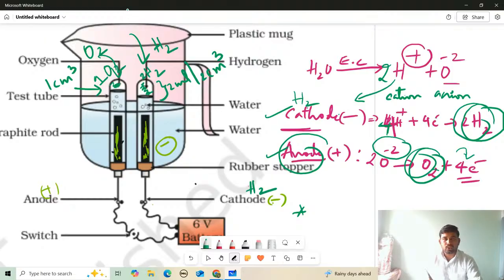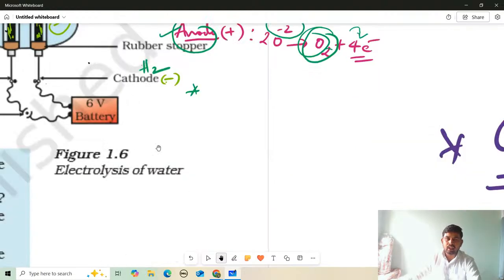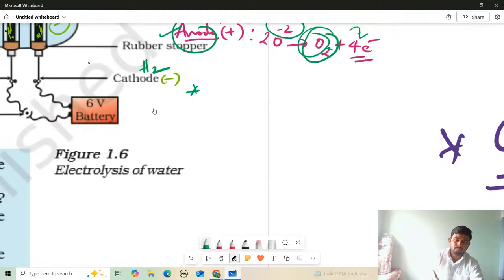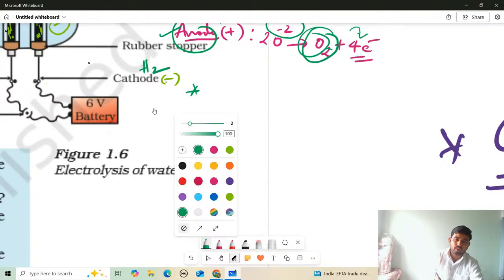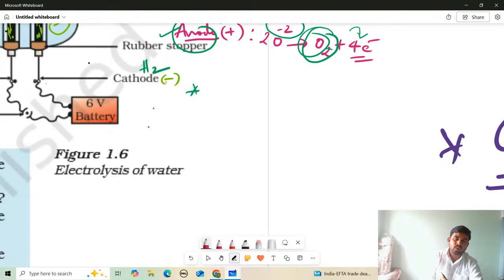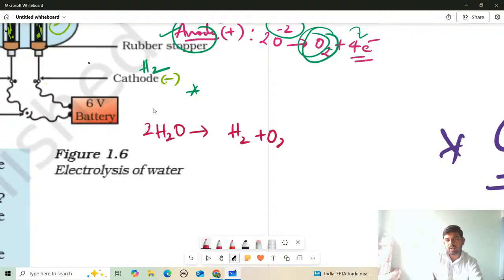So oxygen gas will be at the anode, hydrogen gas at the cathode. Let me write the equation here. 2H2O gives rise to 2H2 plus O2. Remember why this is so?